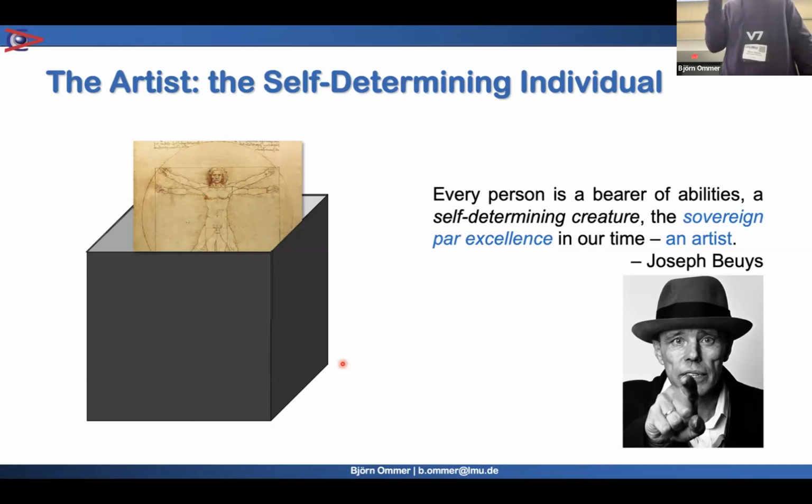It should be a tool, and tools should do what I actually want. If I build a hammer, it should do exactly what I tell the hammer and not knock wherever else. The artist here should be this self-determinant, this sovereign, that makes up what they actually want and not just follow a rule and follow my rule. And with that, my point here would be only when we have that, I guess, then we will appreciate that as being an artist.